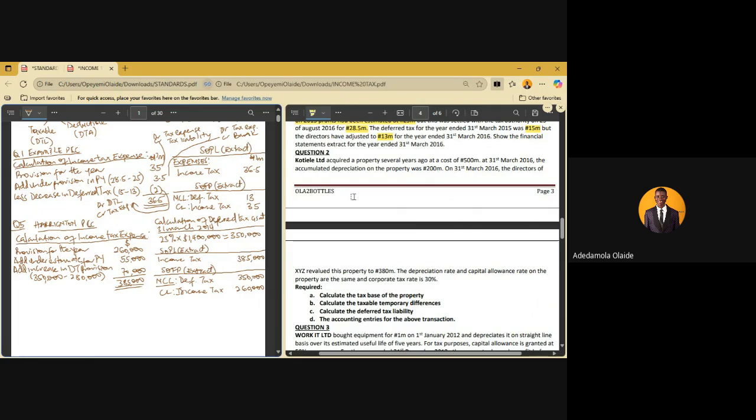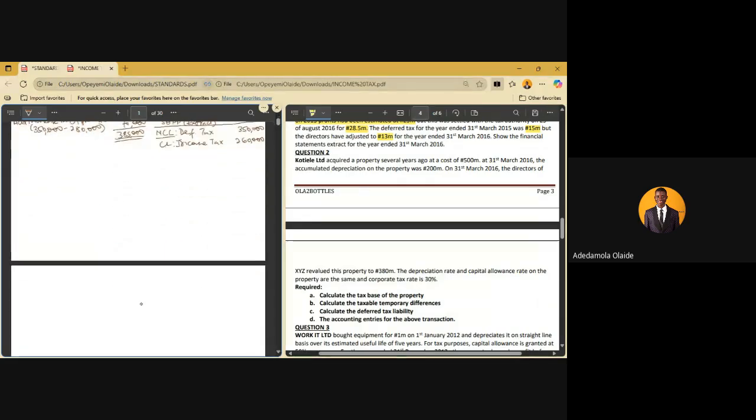The depreciation rate and capital allowance rate on the property are the same, and corporate tax rate is 30%. Required: A, calculate the tax base of the property. B, calculate the taxable temporary difference. C, calculate the deferred tax liability and the accounting entries.